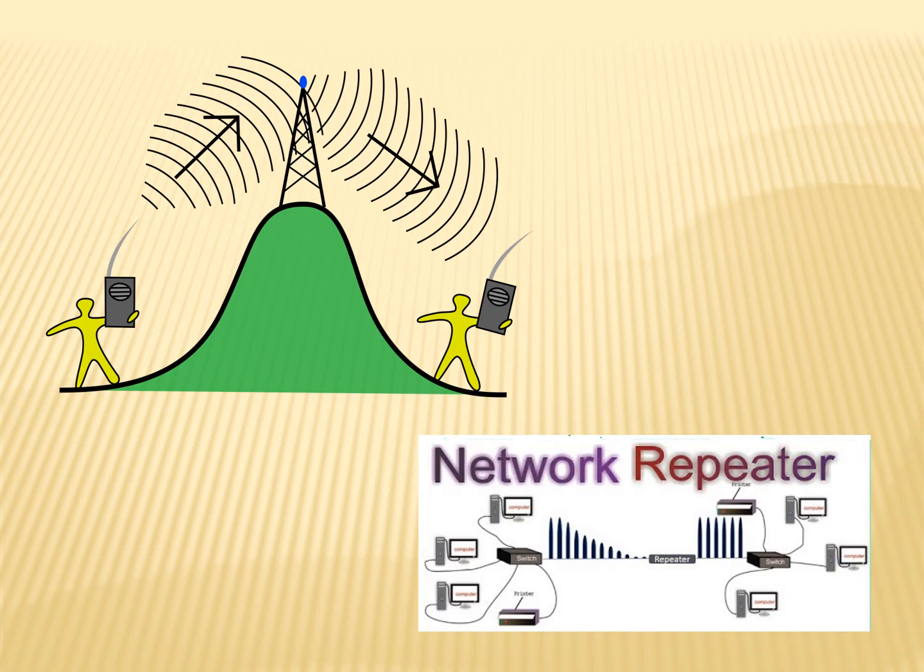Between two Ethernet workstations, we can connect only two repeaters. No more repeaters can be connected because they amplify noise also. These are the two disadvantages of repeaters. It requires a separate power supply, and secondly, it amplifies noise also.